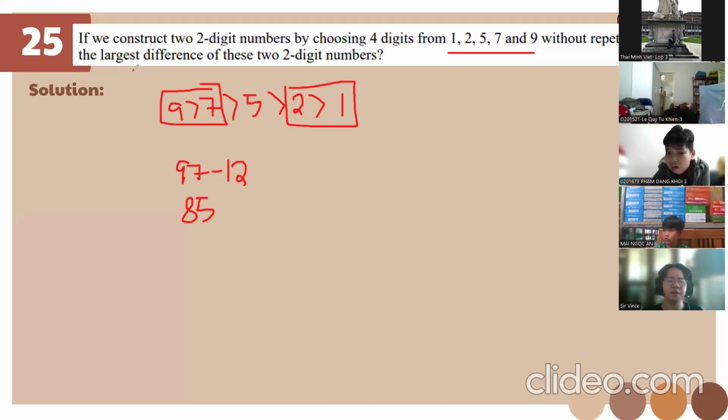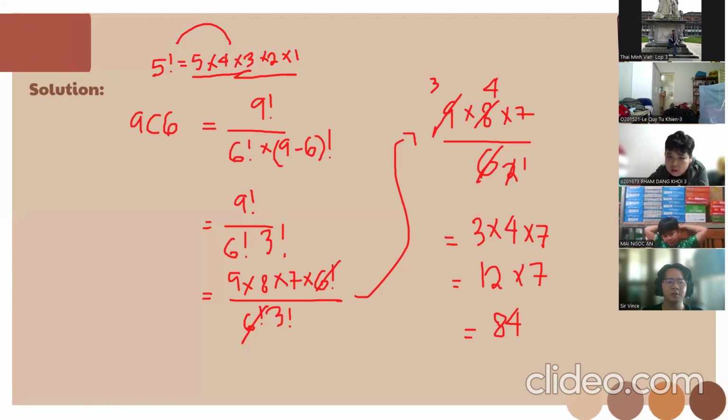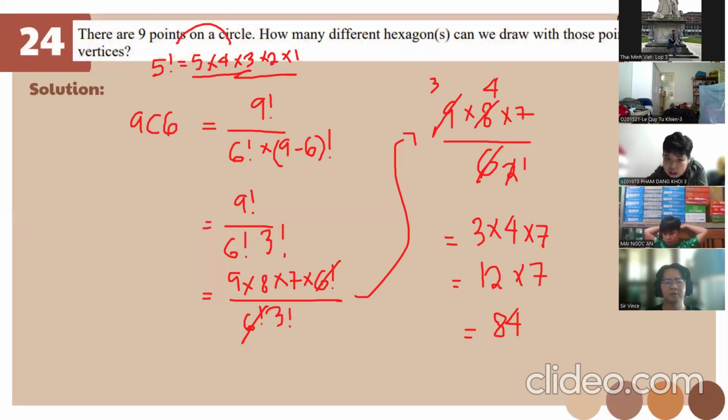This is the biggest we can make out of these numbers. And this is the smallest we can make out of these numbers. Okay, this is combination for 24. So last, then we'll go to number 27 now. Okay?